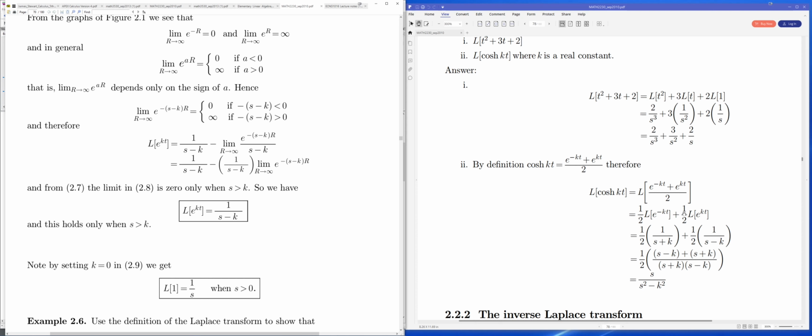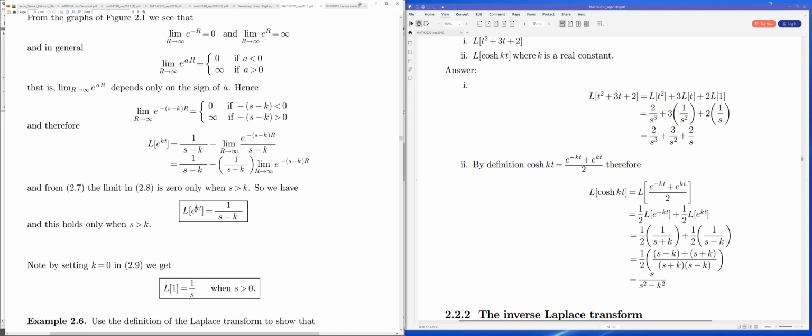And now for these over here, the Laplace of the exponential, you just use the formula that you know from before. So the Laplace of e to the kt is 1 on s minus k. Now this over here is the Laplace of e to the minus kt. In order to get the Laplace of e to the minus kt, wherever you see the k over here, you replace it by minus k.